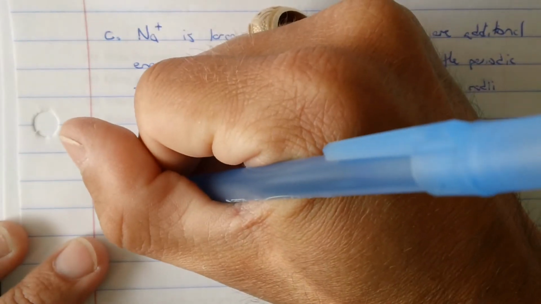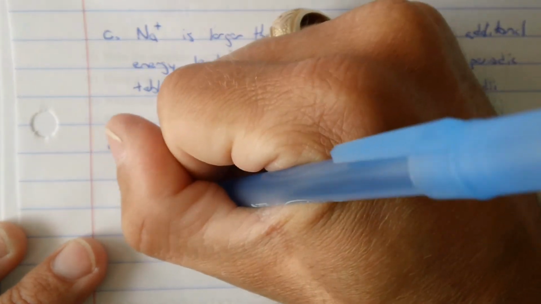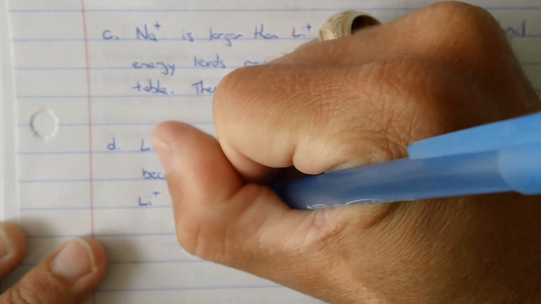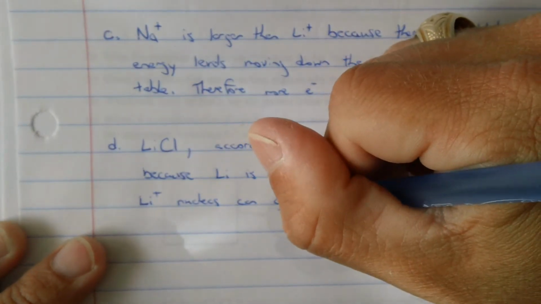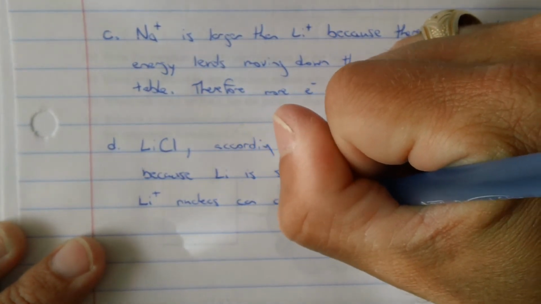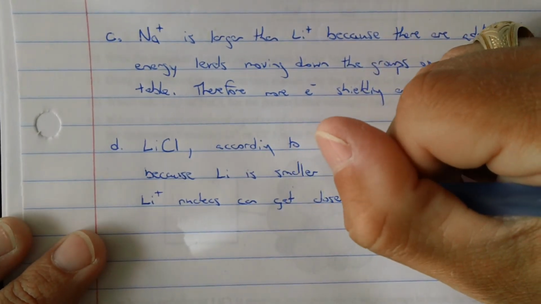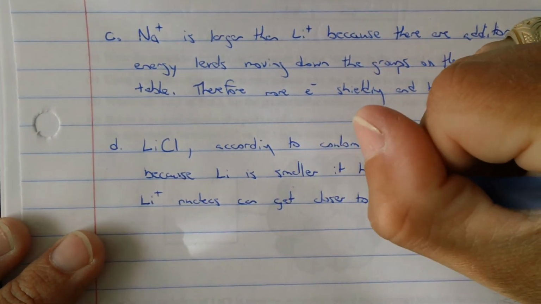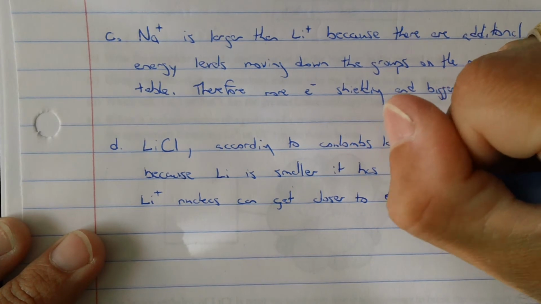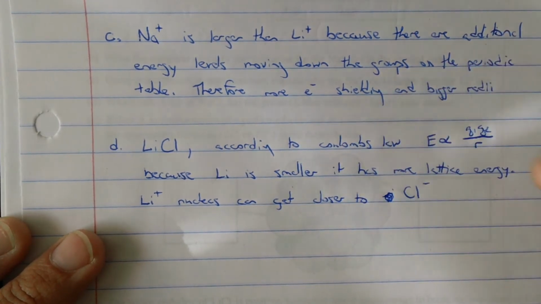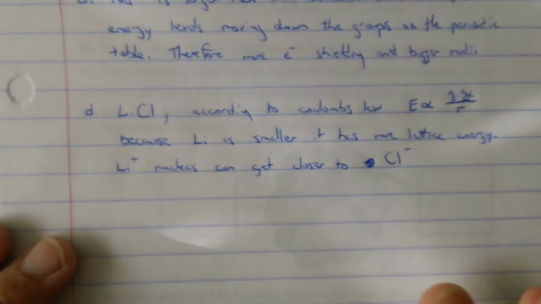You can write this if you wanted, lithium's nucleus can get closer to the chloride. That's part D.